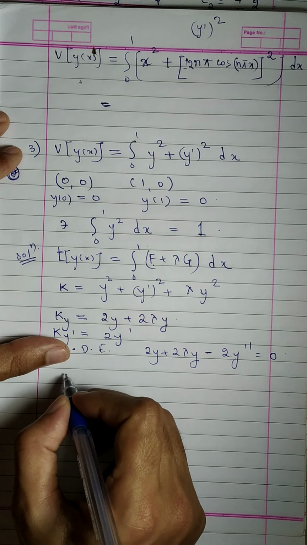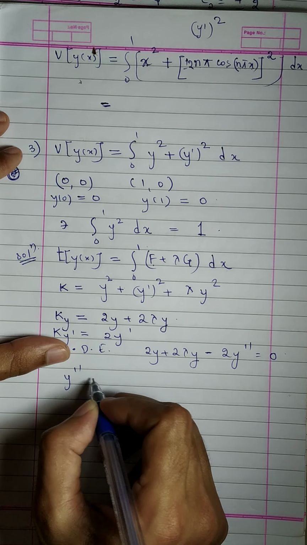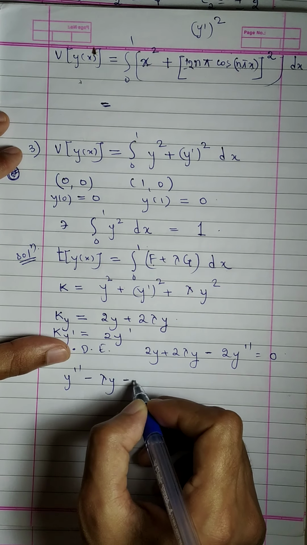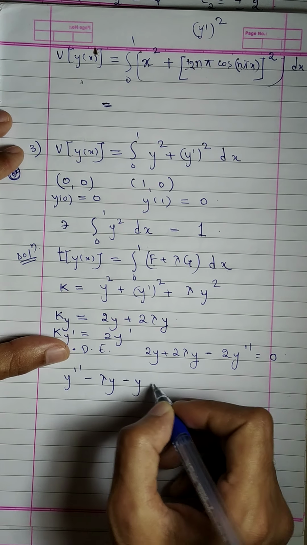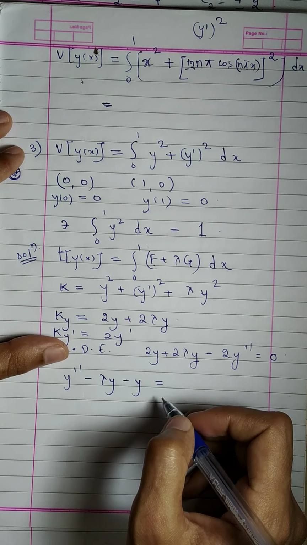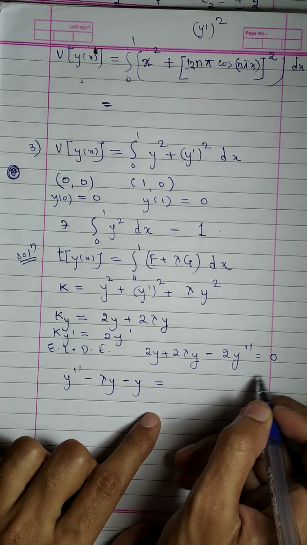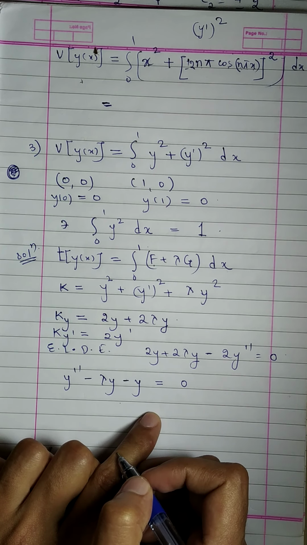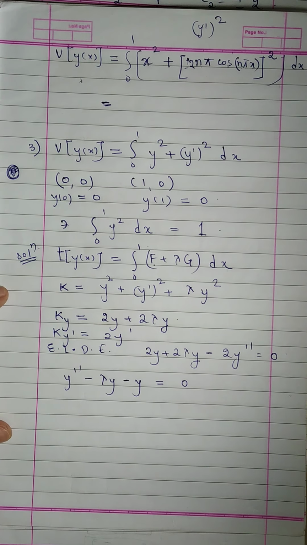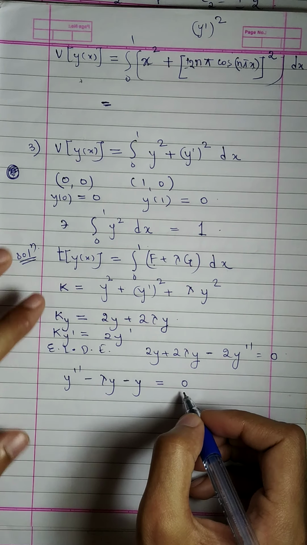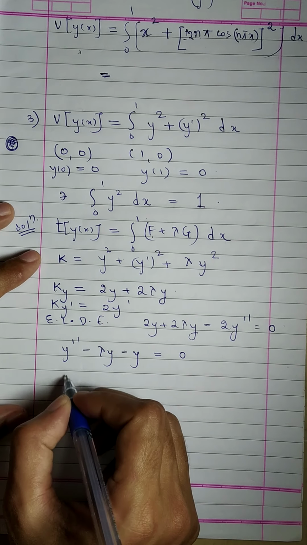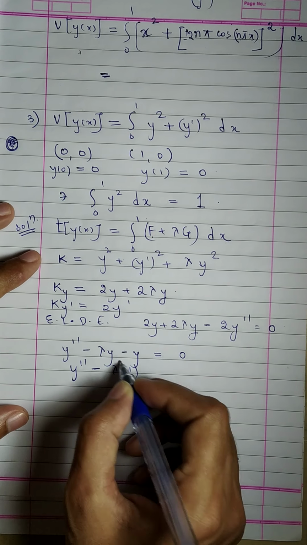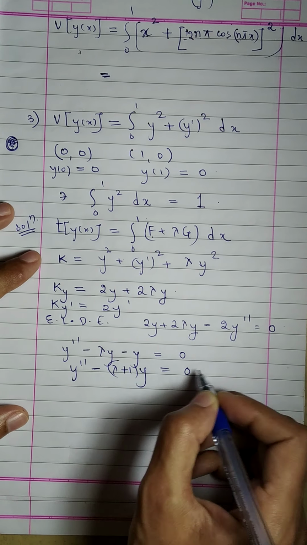So we will get y double dash minus lambda plus 1 into y equal to 0.